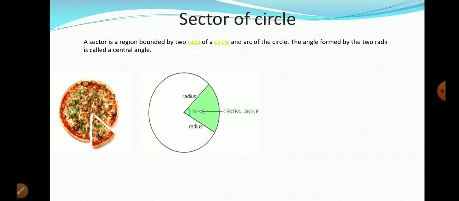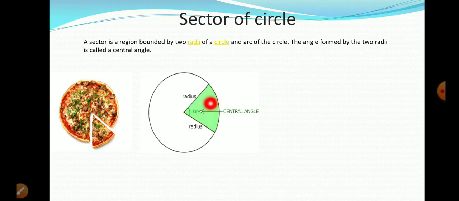Now we will understand this sector of circle with one more picture. Here it is. In this picture, this portion shown by green color is sector of circle.